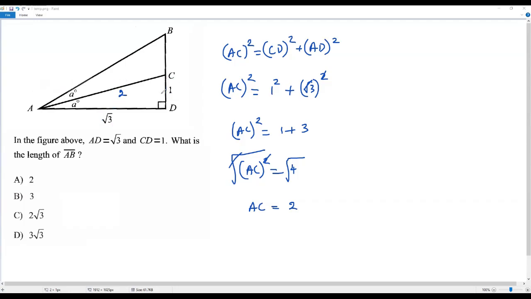And in these 3 sides, the smallest leg is CD, because comparing these 3 numbers, 1 is the smallest number. So in this right triangle ACD, the shortest leg is CD. And the angle measure opposite to the shortest leg must be 30 degrees in a special right triangle. So this A must be 30 degrees.